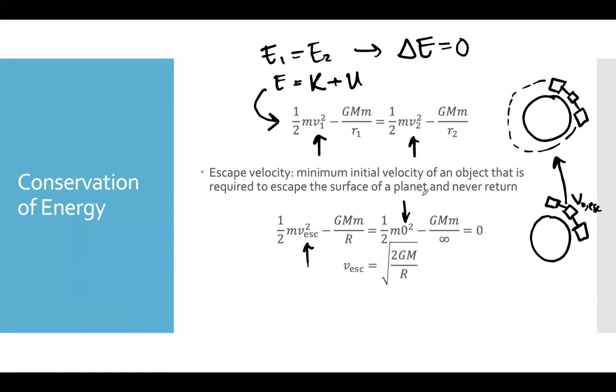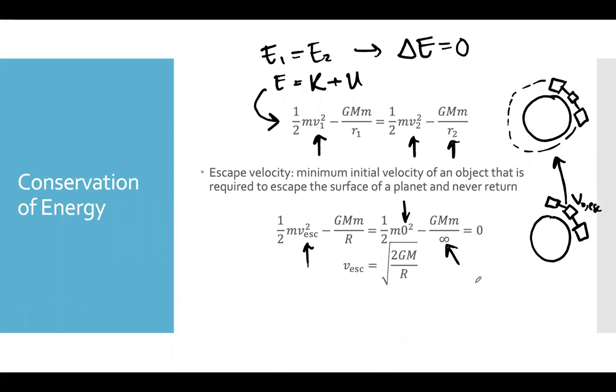Okay. And then one last component is the radius. If we want that object to never return, aka go to another planet, maybe orbit over there, say if we're going to Saturn or Pluto with some kind of satellite, that radius is no longer just orbiting the Earth, right? We want that radius to be as large as it can get, so we set that radius equal to infinity.